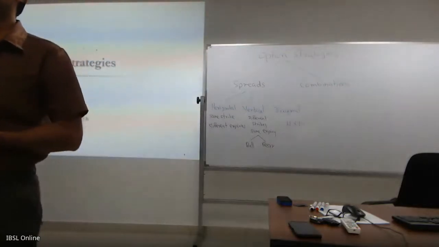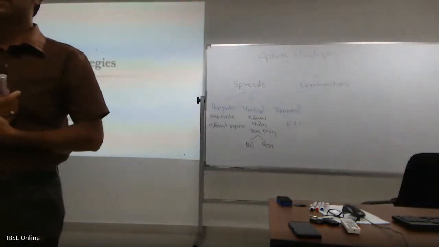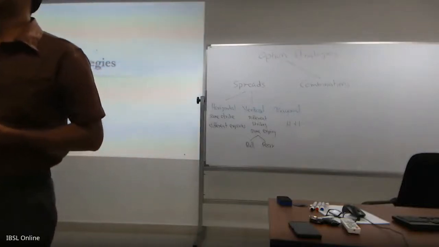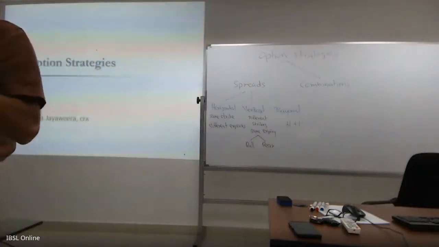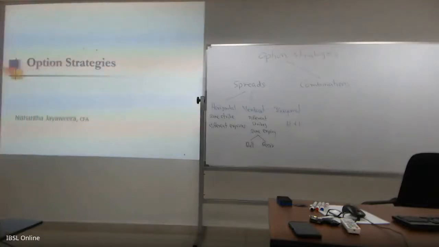What does it mean? We expect the price of the underlying to go up, but with some limit. Some moderate bullish. We think it will go up, but not by a large amount. In a bear spread, what is our view? Again, it's moderate bearish. What's the bearish market? Market going down.